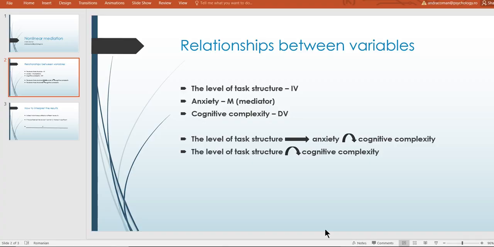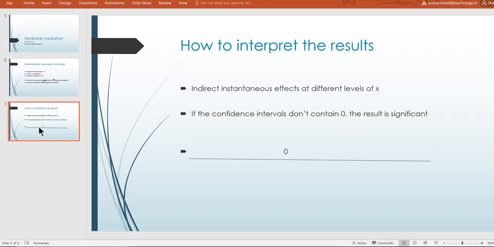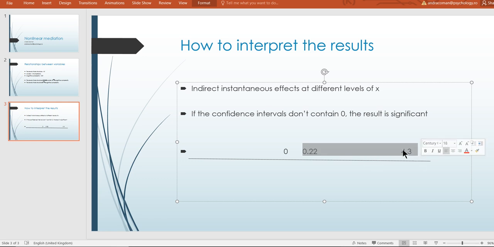So when both intervals are positive, for example 0.22 and 4.3, they don't contain zero. Zero is here. The result is significant.